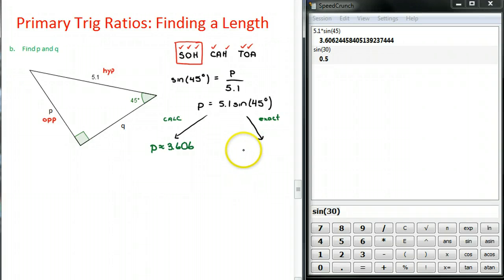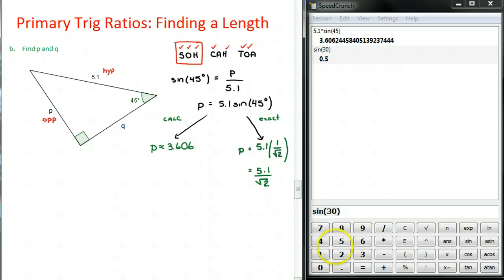So we could say that P is equal to exactly 5.1 times 1 over root 2. That's an exact value for the sine of 45 degrees. If you don't know that yet, we're going to get to that and talk about some special angles that you should know the sine, cos, and tan of. So therefore, P is exactly equal to 5.1 over root 2.